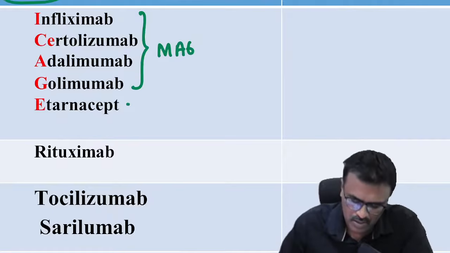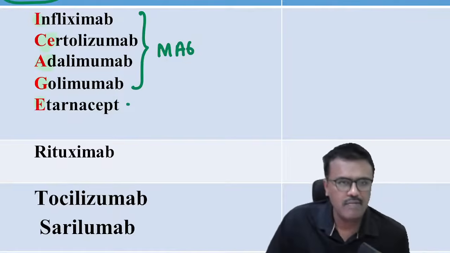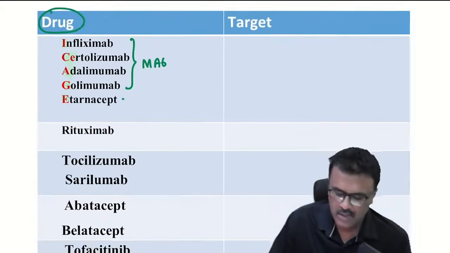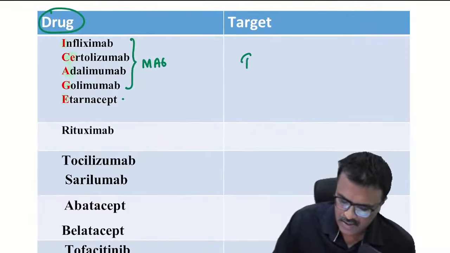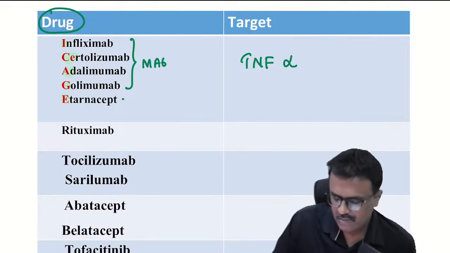So the mnemonic is Ice Age. But if you don't remember, make a song: Infli, Certoli, Adali, Goli, etanercept. So what do they target? They target TNF alpha. So they are TNF alpha antagonists.